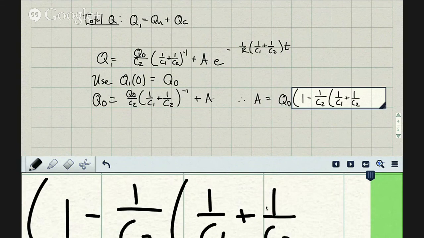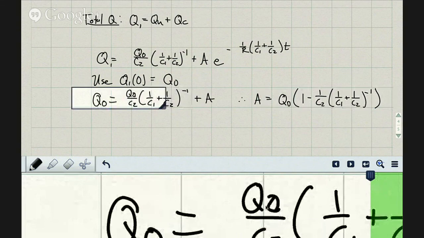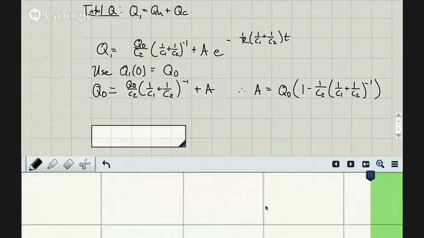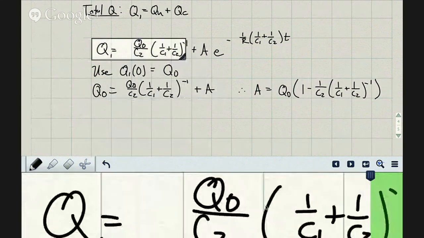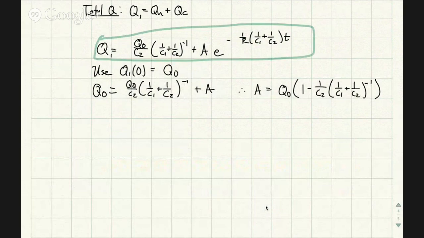You could simplify this and see what it ends up being if you want, but either way, this is how you do it. Okay, I just factored out a Q0, right? I have a 1 due to this term, and then minus this stuff. And therefore, this is Q1, right? So Q1 is this here, and here's the value of A that we need.